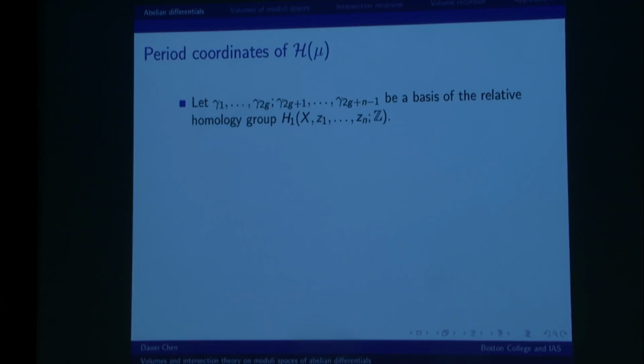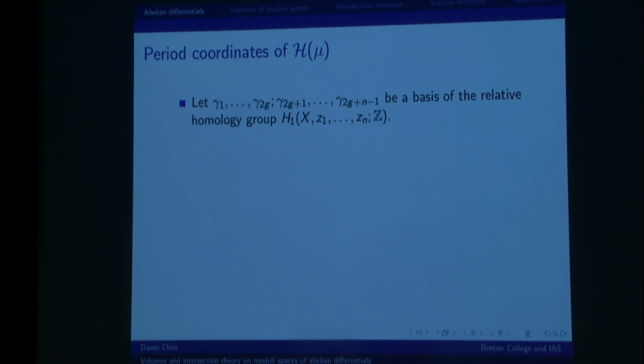I consider the relative homology group H1 of the surface X relative to the n points. Let me draw another picture. So this is a topological picture. Suppose I put Z1 here, Z2, and Zn. If I don't have these marked points, then I get 2g elements for the absolute homology.